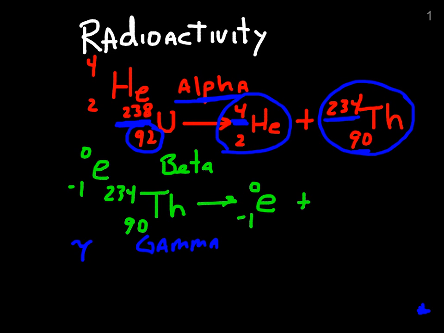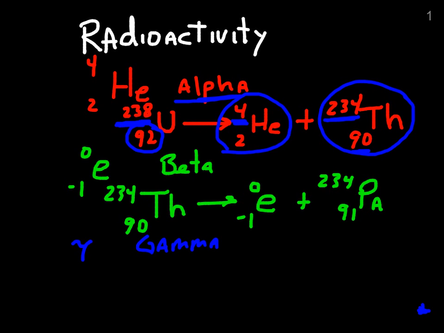And now for the easy part, okay, so what's going to happen? 90 is equal to a -1 plus, well, it would have to be 91, because 91 plus -1 is going to be 90. Element 91 turns out to be Pa, and there's no change in the mass number, atomic mass.